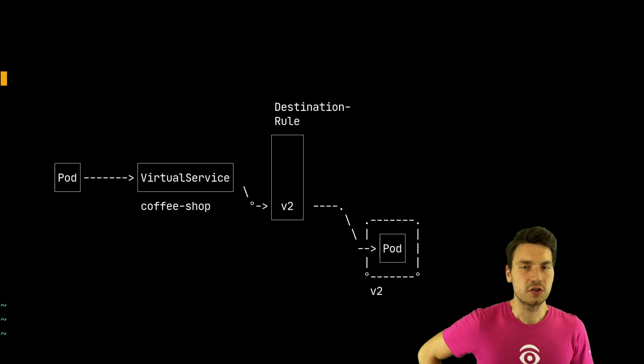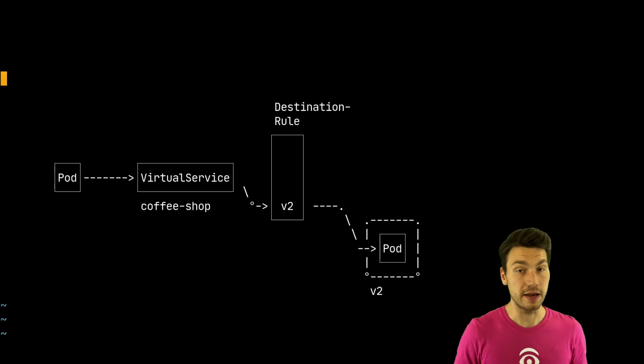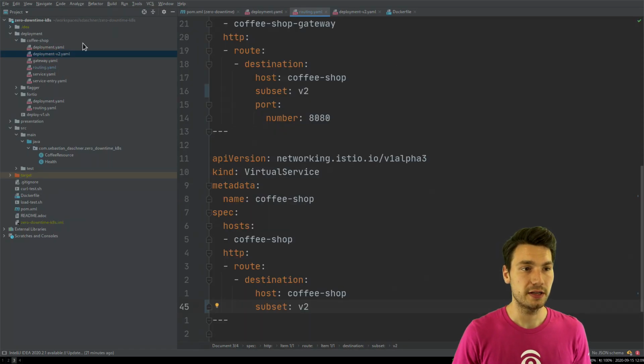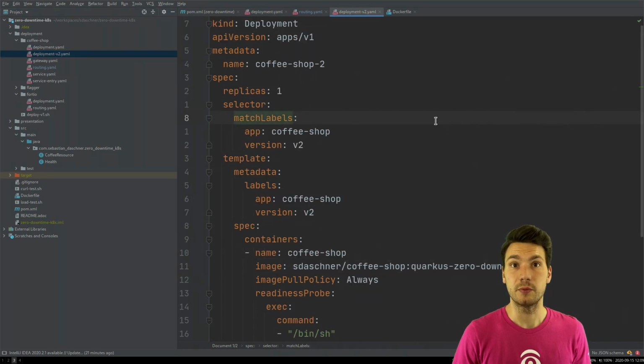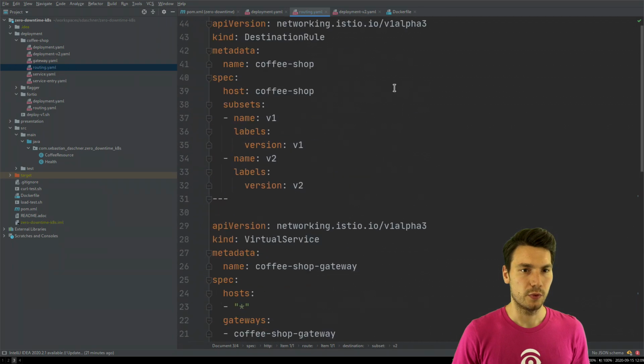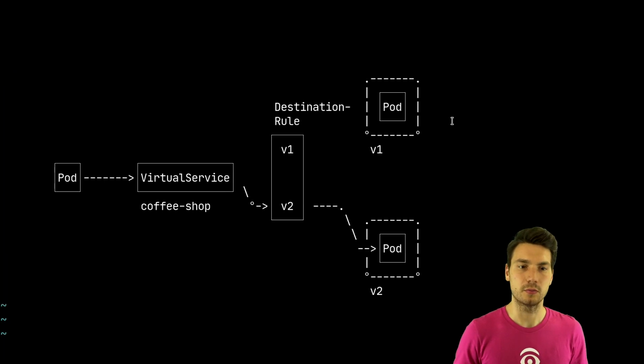Okay, now what to do with this approach? I could go ahead and do this manually, like I just did. If I have a new deployment, then I write a new deployment v2. I deploy this and wait until it's up and running. Then I, of course, set up a new version within my destination rule, a new subset, like I did here, v1, v2.